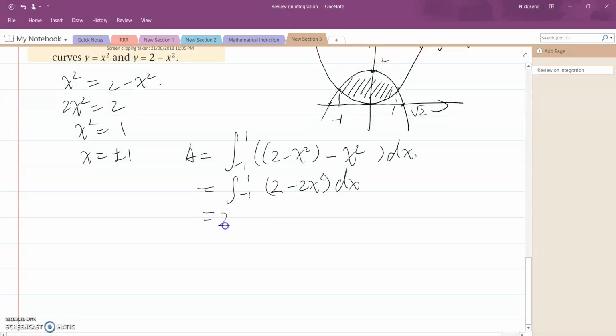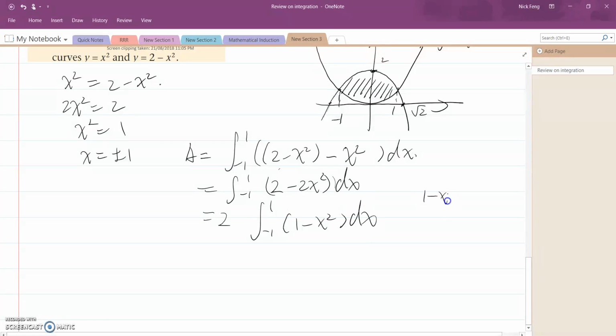Take out the 2 as a common factor. That's easier for our life. Integrating 1 is x, and x squared is x cubed on 3, from negative 1 to 1. Oh, by the way, this is an even function. Therefore, if we apply the symmetrical property, it would be actually easier for us. I'll just do it. So if you take the 2 out, let's do it again. 1 minus x squared dx.